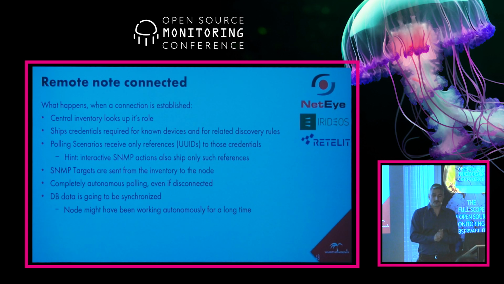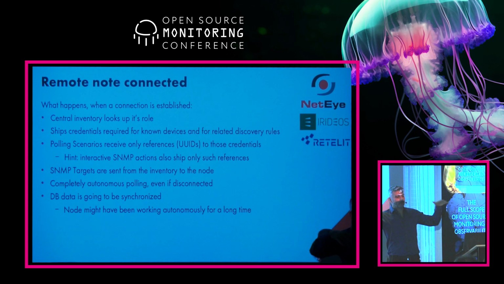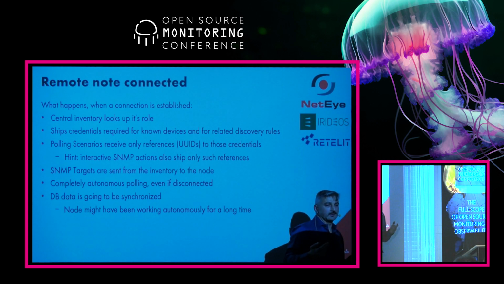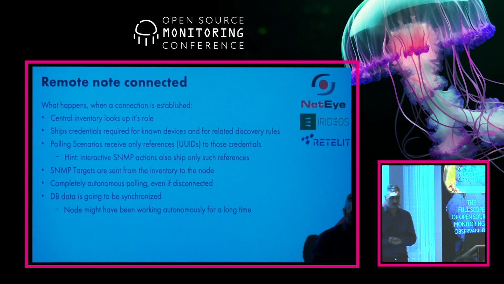So I told you we wrote a remote polling software, and it works like this. You have a central node, some remote node connects, and it says, oh, there are some nodes, and it looks into the database to figure out whether it knows about it.